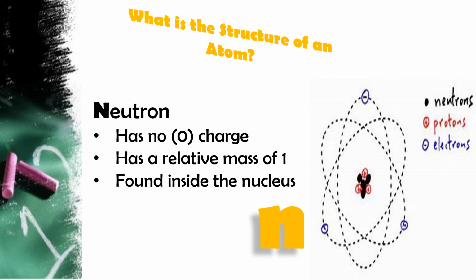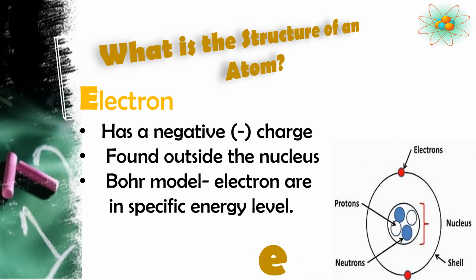Always remember that proton is positively charged, while the neutron has 0 charge, or is neutral. Now, how about the electron? Electron has a negative charge and it is found outside the nucleus.